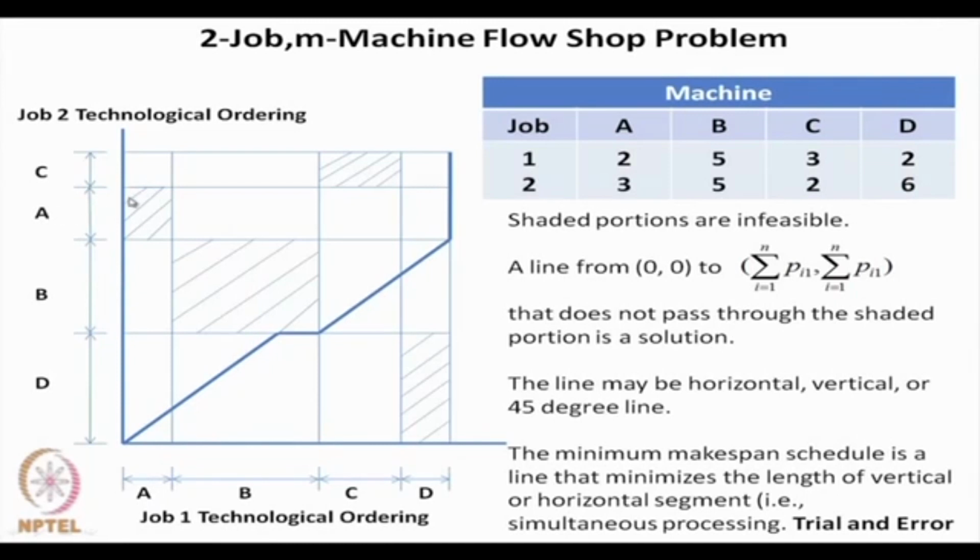So, this is an infeasible zone. Shaded portions are infeasible. That means, if machine A is working on job 1, it just cannot take job 2. Similarly, when machine B is working on job 1, then it cannot work on job 2, so this is an infeasible area.